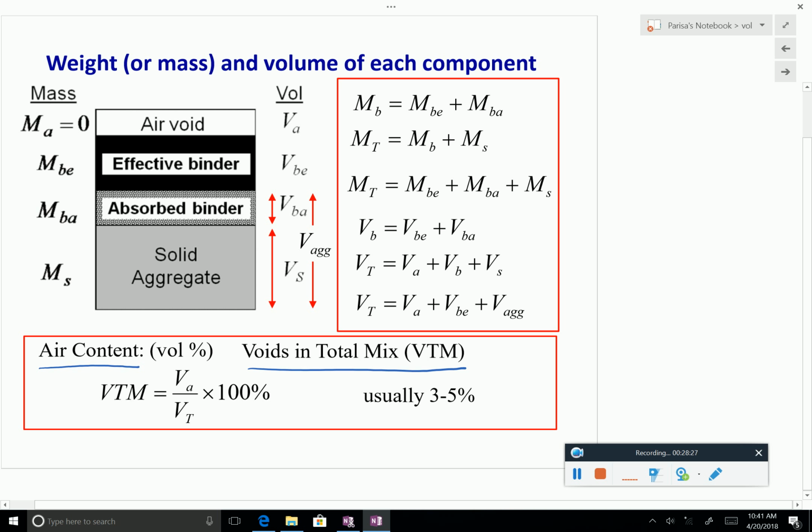Simple reason. And this is just the volume of air over the total volume. But this is not the only air content that we need to learn. Everyone has this written down. So far we learned about binder content. This is mass related. Of course, the rest would be stone content, 1 minus binder content, obvious. And then air content, VTM.